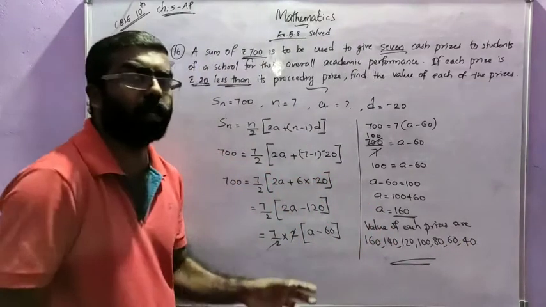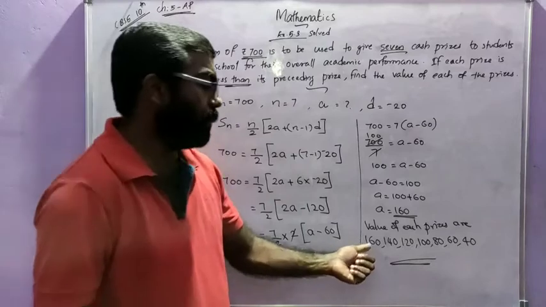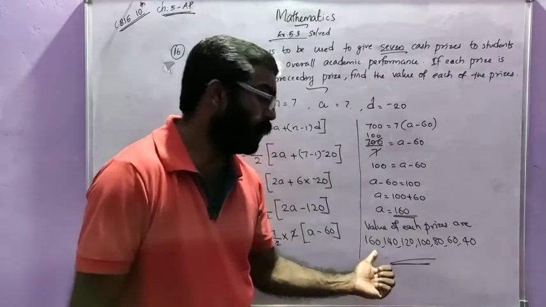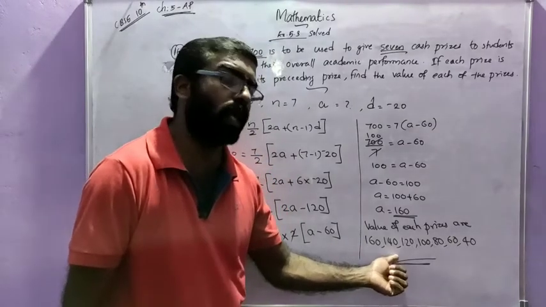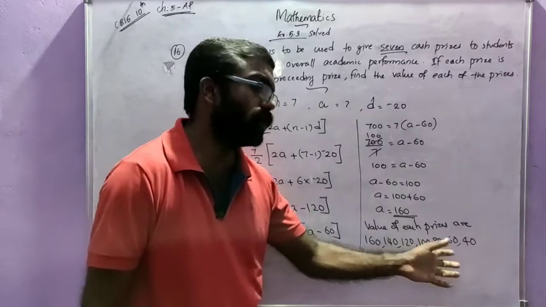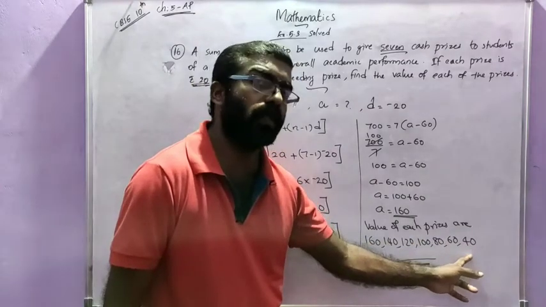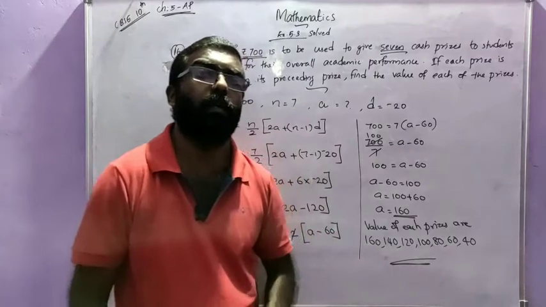There are 7 cash prizes, so the value of the first cash prize will be 160, the second prize 140, the third prize 120 and so on. The last, 7th cash prize will be rupees 40. Clear?